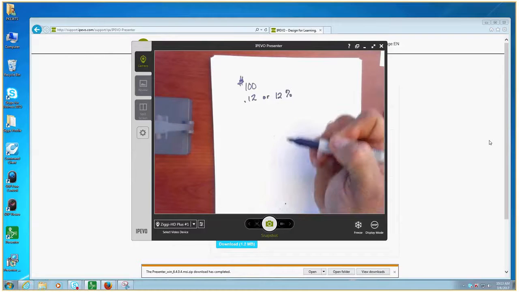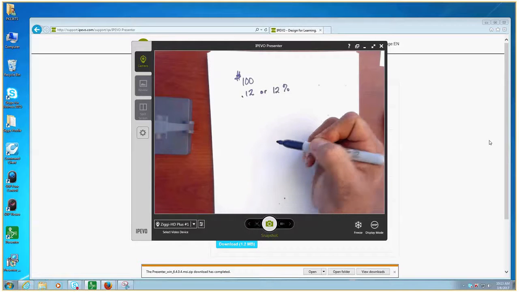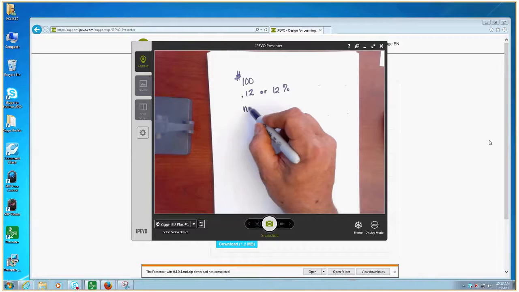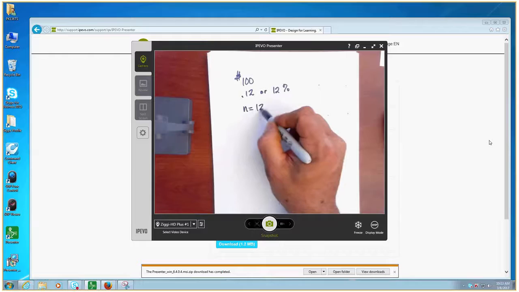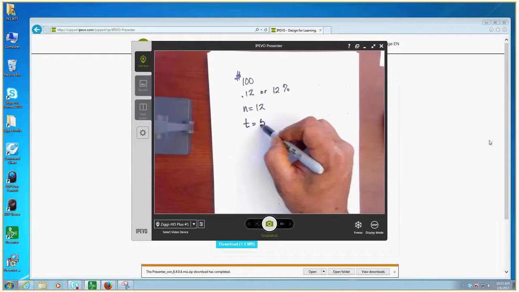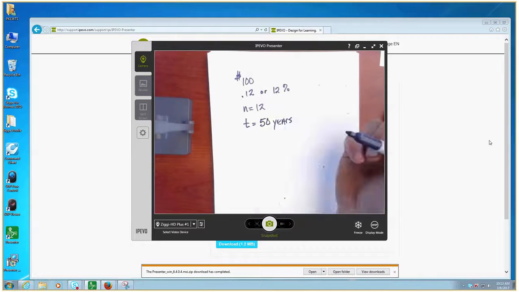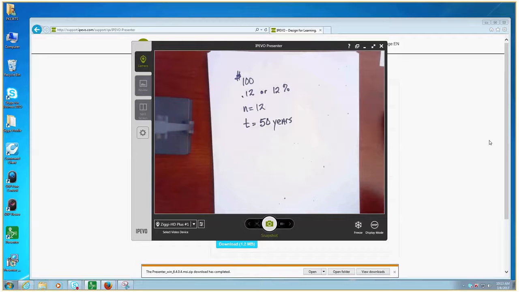Let's make N 12, and let's change the years, T, to 50 years. All you're putting in is $100 a month. All right, crank it out.